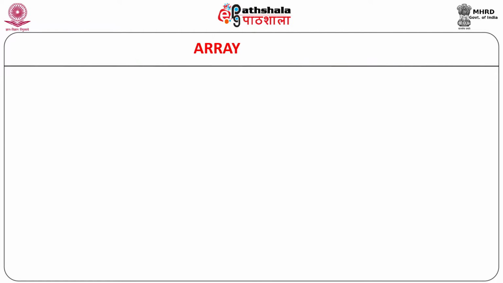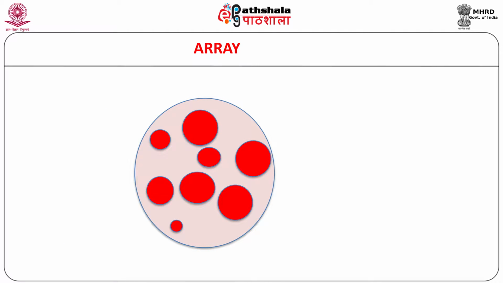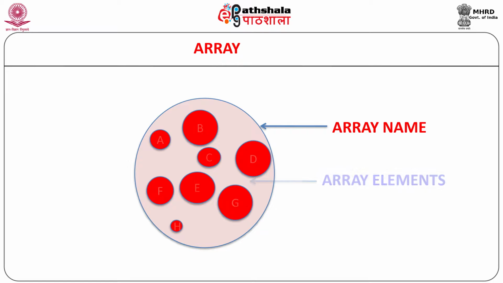Let us see the array. This is the conceptual diagram of an array, which consists of similar kind of data or similar kind of objects. In this diagram, you can see there are different circles drawn, and these circles are called array elements.